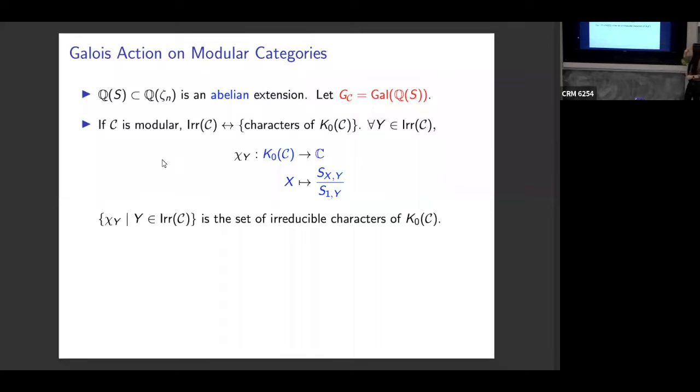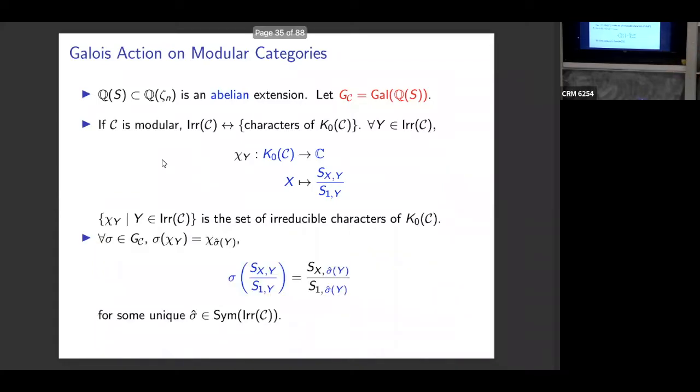Here a character means a ring homomorphism from the fusion ring to the complex numbers. The character is given as follows: for any simple object y, it gives rise to a character that sends x to S_xy divided by the dimension of y. Since it's a one-to-one correspondence, if we take any Galois element sigma in the Galois group, it permutes the characters.